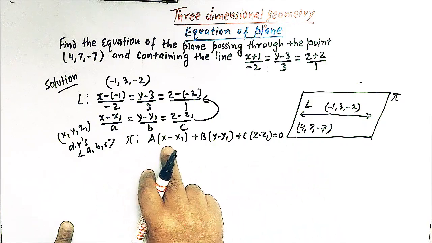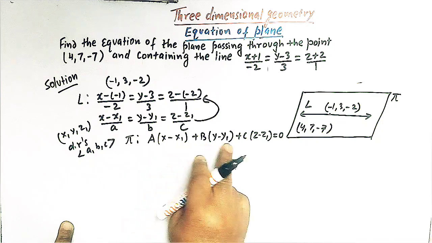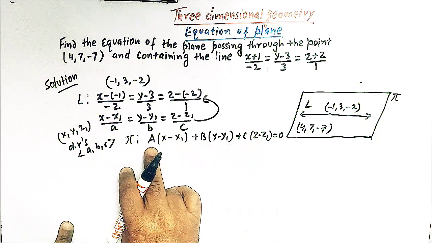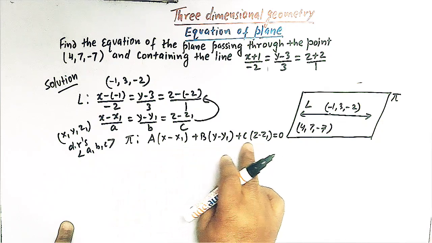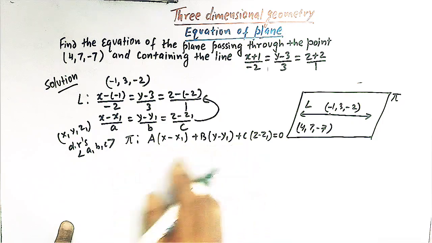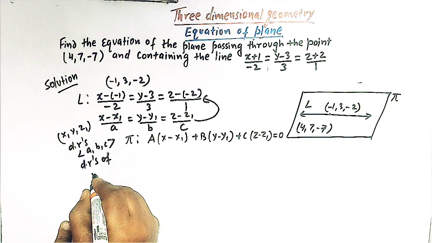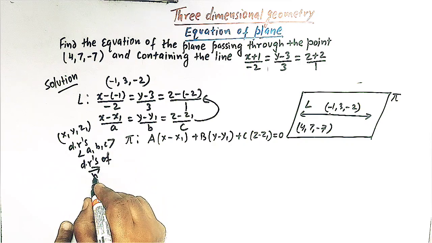So the equation of any plane which passes through a point x1, y1, z1 can be written like this, where capital A, B and C are the direction ratios of the normal vector, say n.